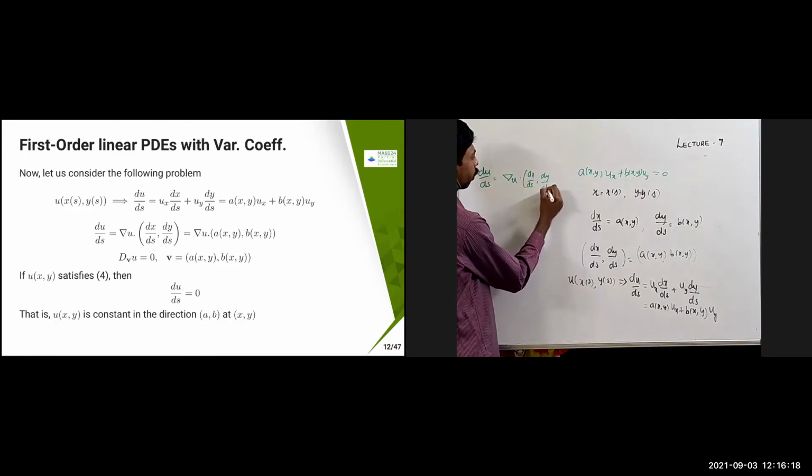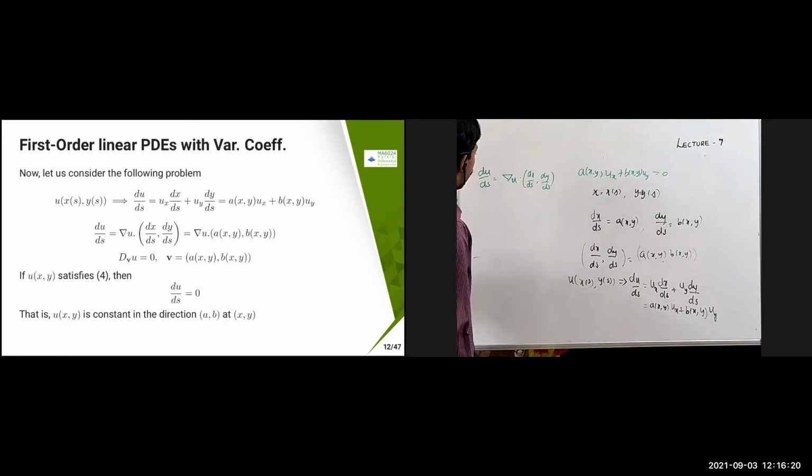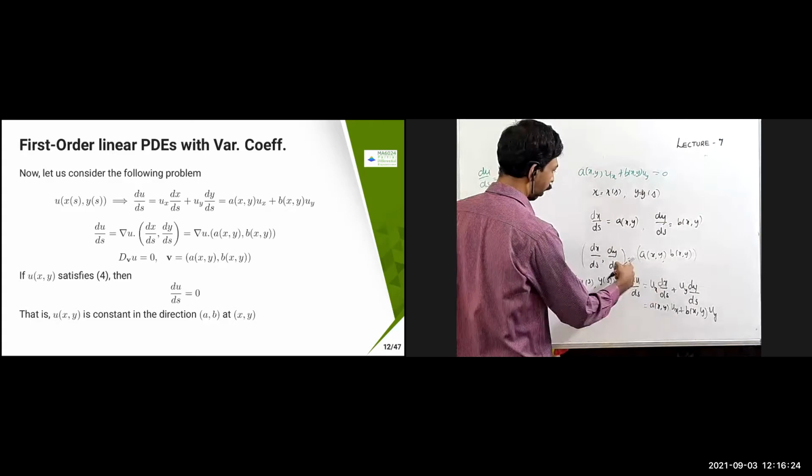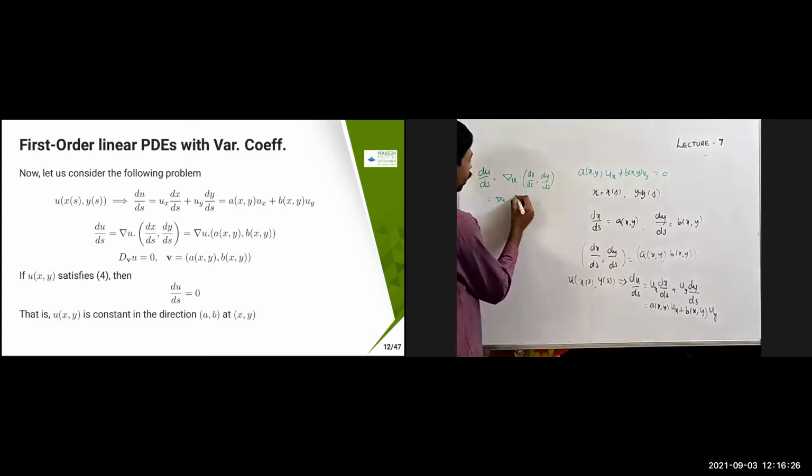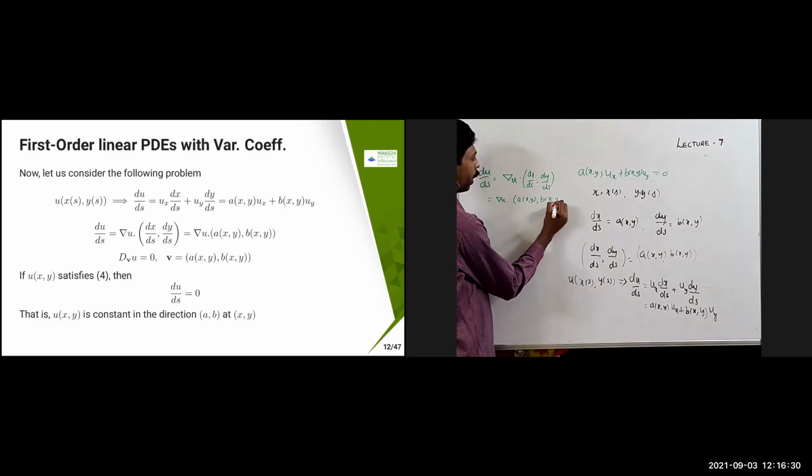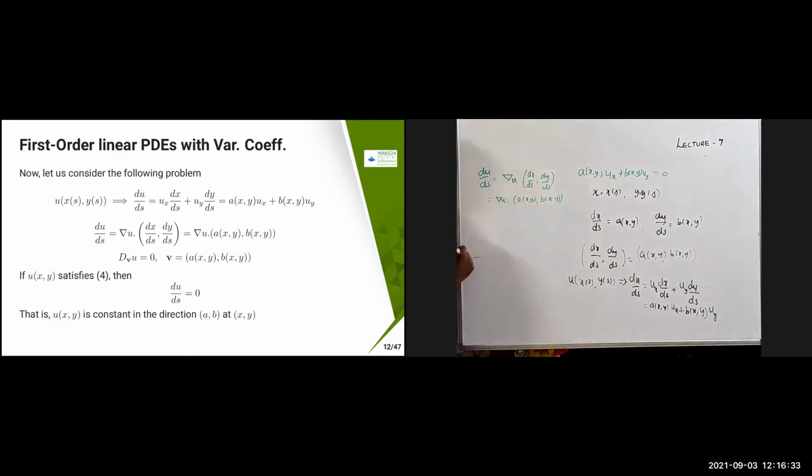I can write it. Or I can write it as del u dot, and dx/ds, dy/ds is nothing but (a(x, y), b(x, y)). We have done this already for another problem. Same thing we are doing. So this is nothing but I can write it as del u dot v.